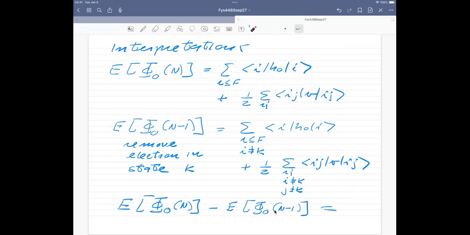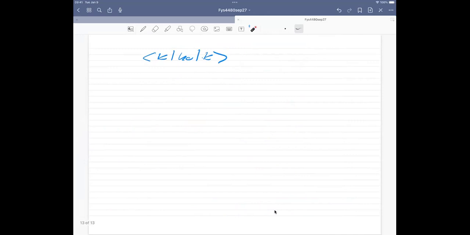So I'm going to get two terms, one with a half and then another one with a half. And then since these are just dummy variables, I can bring them together. And what I get then is simply a sum over j less than F of ⟨kj|V|kj⟩. And what is this? This is actually the epsilon k Hartree-Fock.